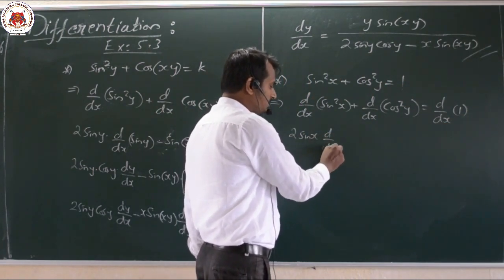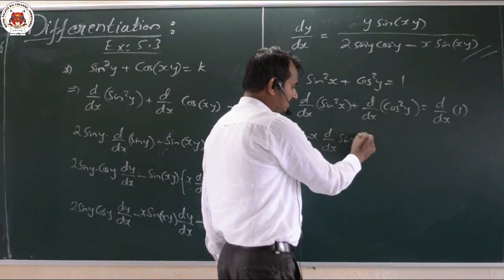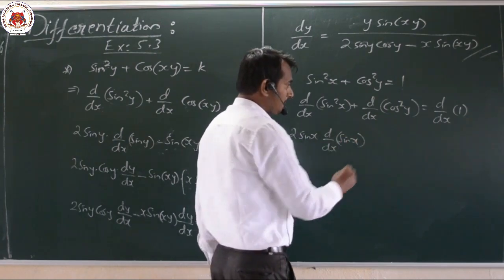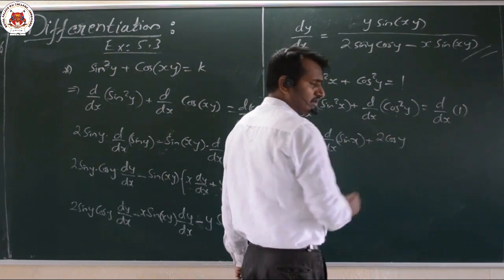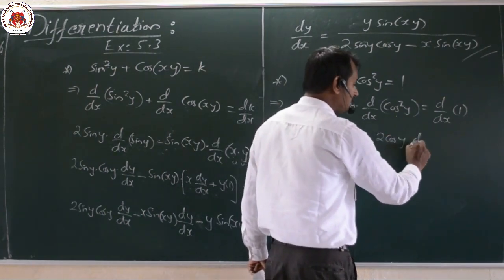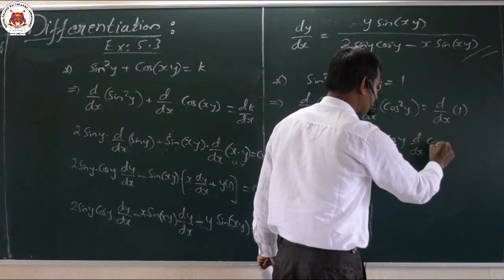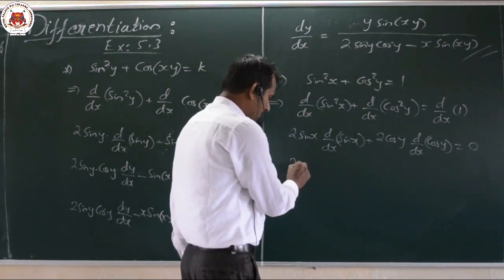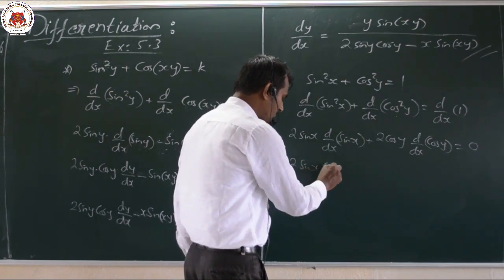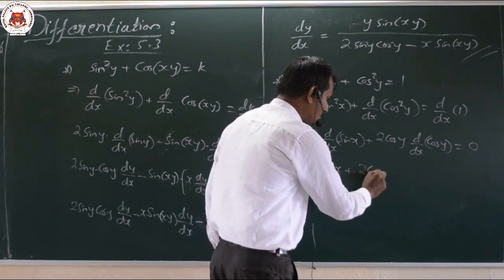Here sine square x becomes 2 sine x, further differentiation of sine x, that is a composition function, plus cos square y becomes 2 cos y, further differentiation of y, equal to 0. Now what is the remaining part here? 2 sine x into cos x plus 2 cos y.